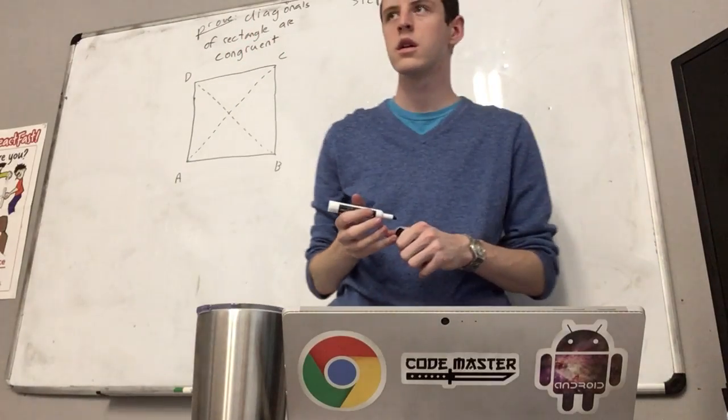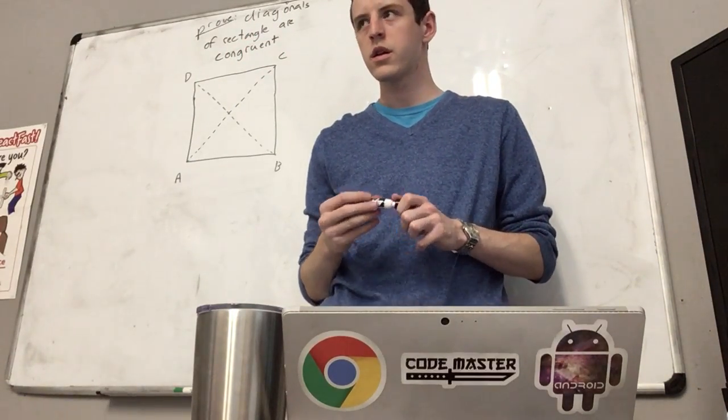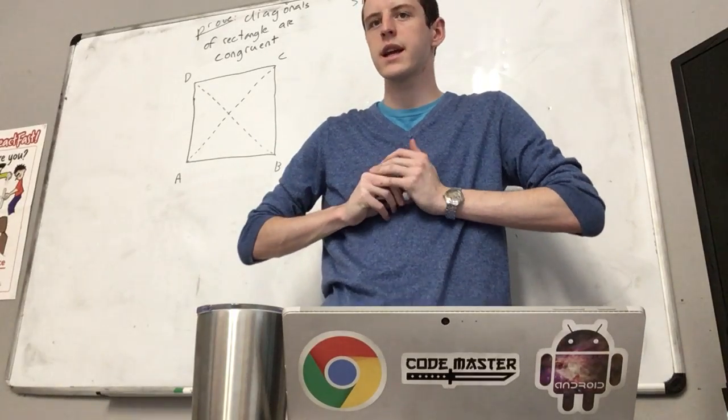All right. Ready to go? Proving the diagonals of a rectangle are congruent.